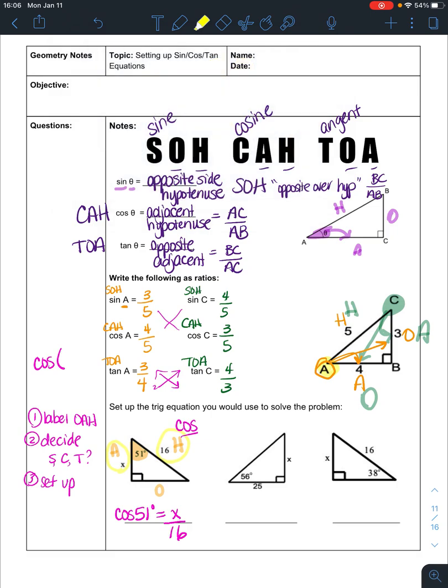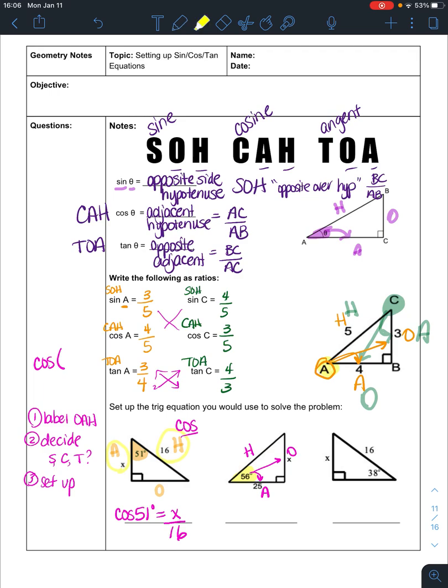So let's look at this next one. Let's practice with it. Find the angle that's in question. Decide what sides you have. So I have the hypotenuse, which is empty. X is the opposite side, and 25 is the adjacent side. So I've labeled my O, my A, and my H. Then I decide, am I going to use sine or cosine or tangent?